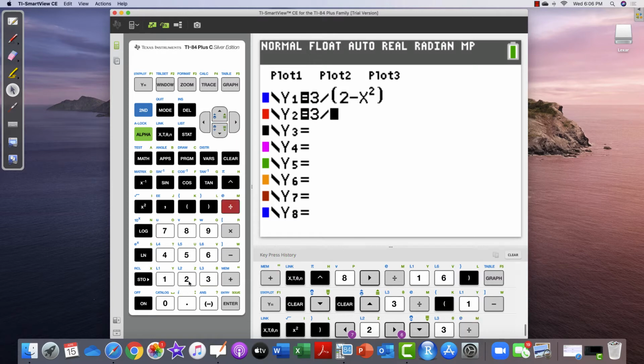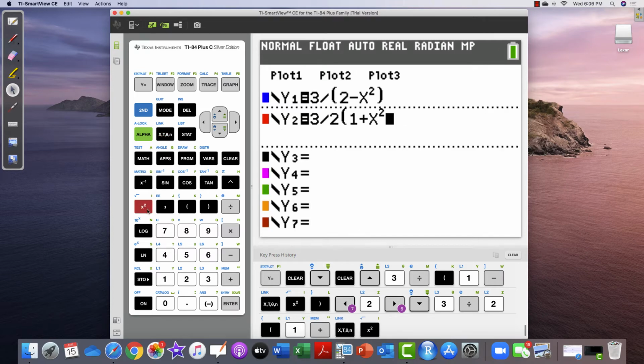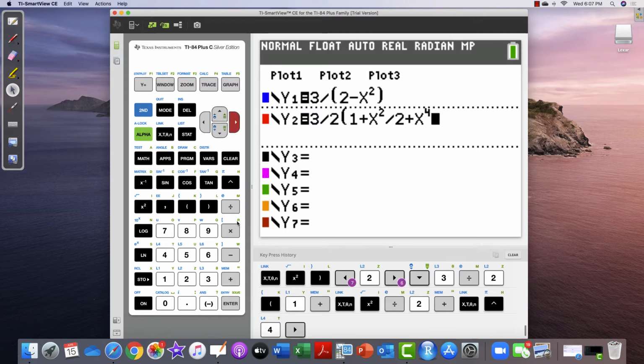So it's 3/2 times 1 plus x squared over 2 plus x to the 4th over 4 plus x to the 6th over 8. And I think that's where we decided to stop.